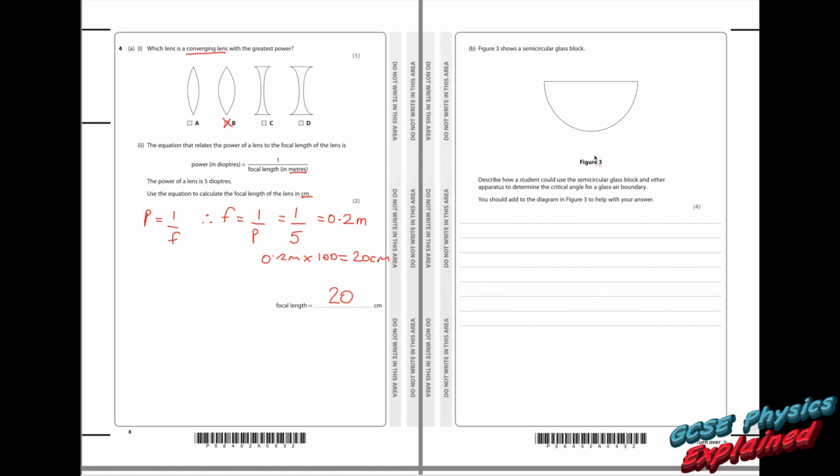So, what you need to do is if you shine the light into the glass block, it'll just go straight through. Now, if you shine the light at an angle over here, these are supposed to be straight lines, my apologies.